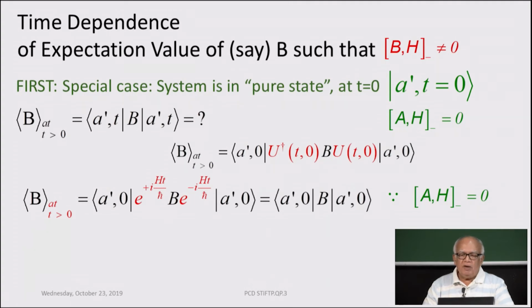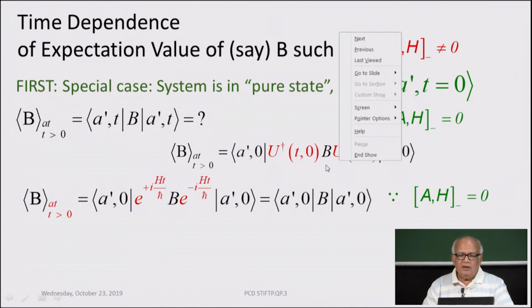And notice that because this is an energy eigenket, this operator operates on this, giving you an eigenvalue having the same form, which is e to the minus i E t over h cross, right? This will also give you the same, and those are no longer operators, those are just numbers, and they can be pulled to the left or right any which way, they will cancel each other, right?